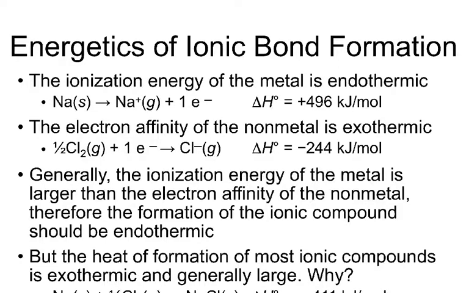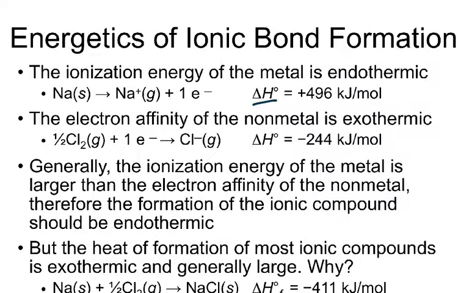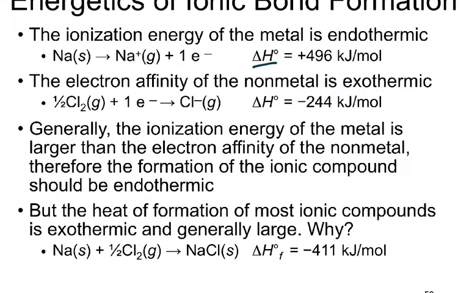All right, we're going to talk about the energy in ionic bond formation. This is going to pull in energy concepts from chapter 6 with delta H values and, again, ionization energy and electron affinity, which we talked about in chapter 8. So the ionization energy of a metal is endothermic.